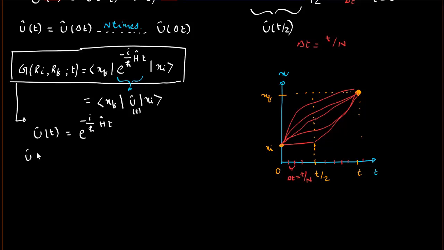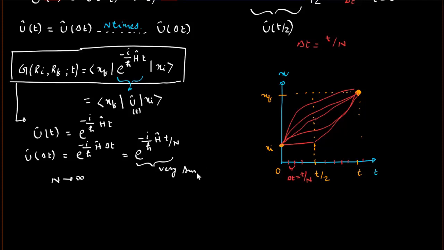So I can write this operator for this small delta t as e to the power minus i by h cross Hamiltonian t by n. But here remember that when n tends to infinity, that means n is very large, then this term is very small.